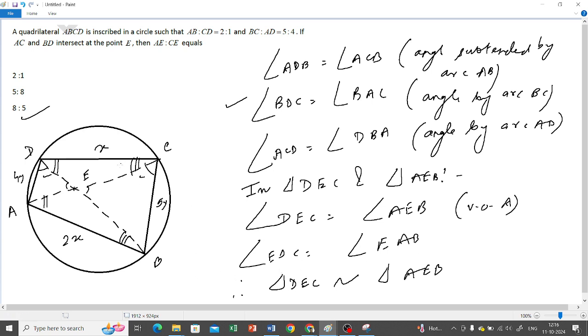That means triangle DEC is similar to triangle AEB by angle axiom. If they are similar, then their corresponding sides are proportional.